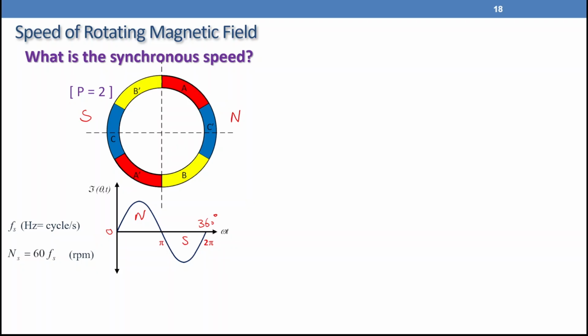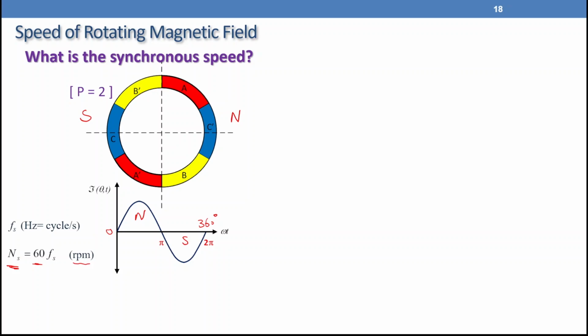So how do we convert the units from cycles per second to revolutions per minute, or RPM? We are going to select this symbol, NS equals 60 Fs. If you multiply 60 by Fs, that gives you revolutions per minute rather than cycles per second. So we now have the speed in RPM equal to 60 Fs.